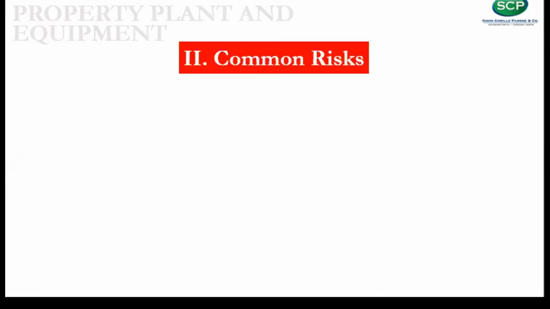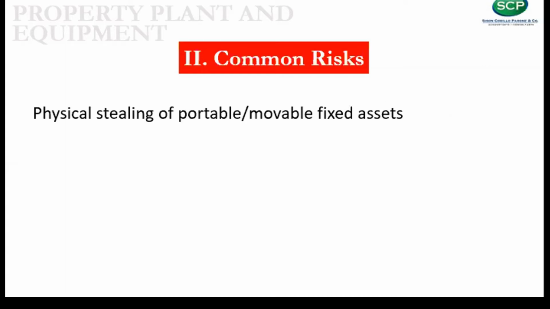The last risk associated with fixed assets that we will discuss before we move on to audit objectives is the physical stealing of portable and movable fixed assets. While it may be hard to steal buildings, land, and other large machinery and equipment, some portable or movable fixed assets like computer hardware, small furniture and fixtures, and similar items can still be subject to theft also.